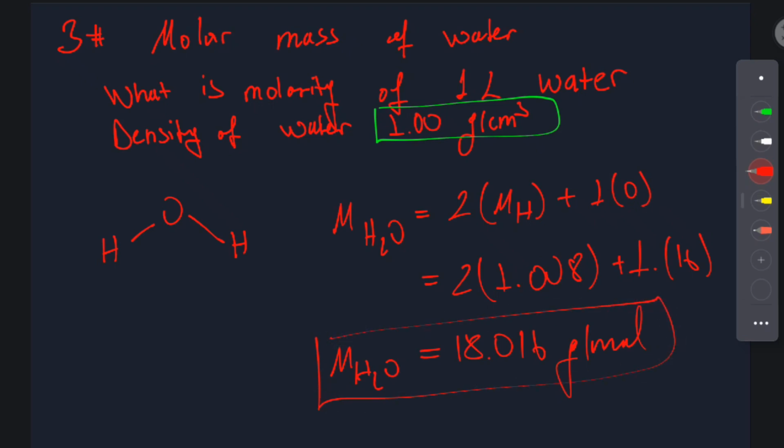Let's say we have 1 liter of water. Its mass should be equal to 1 kilogram or 1000 gram.